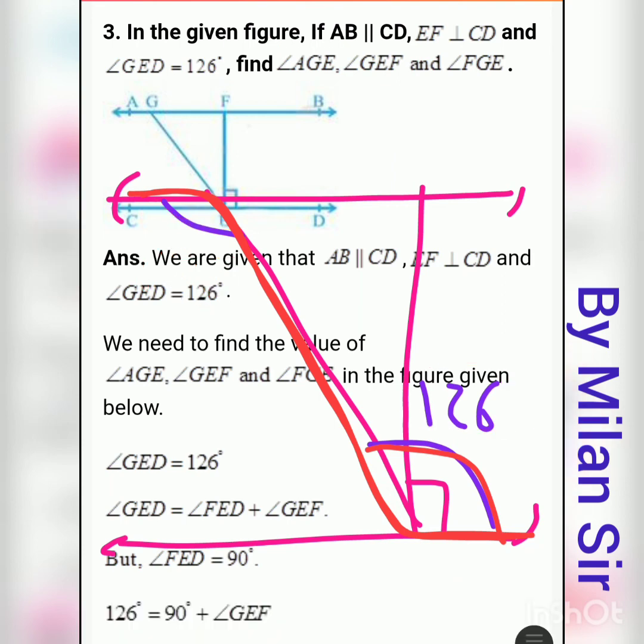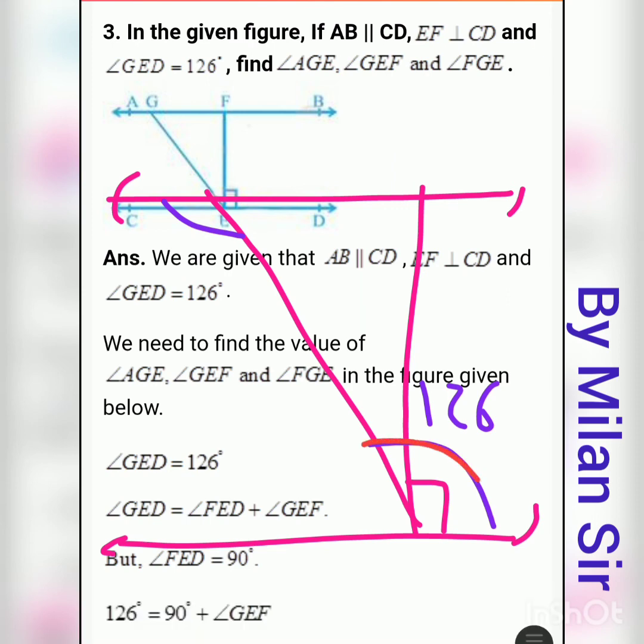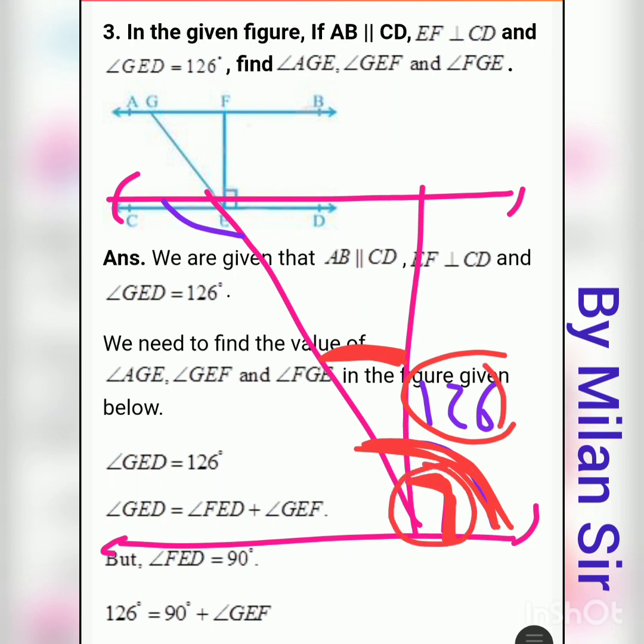After that, here this whole angle is 126, this is 90 degree. We need to find up to this angle. So from this full angle, if we subtract this 90 degree, we will get the value of this angle. So 126 minus 90, it is 36.